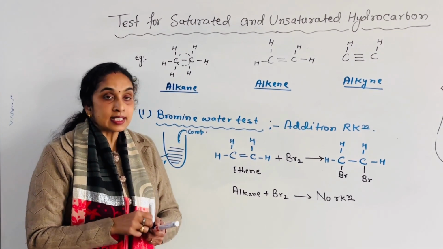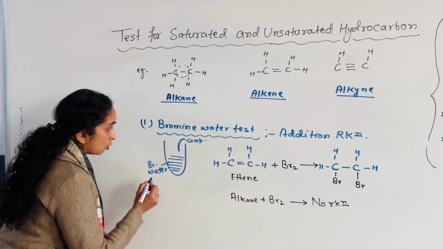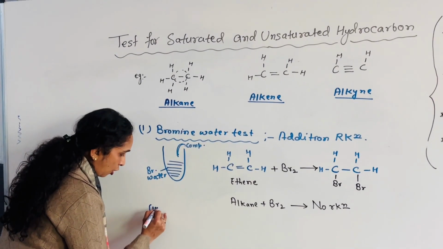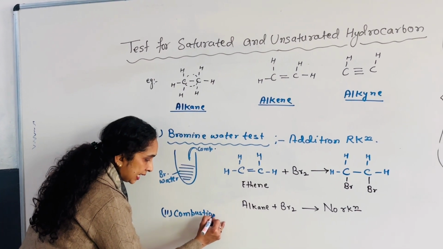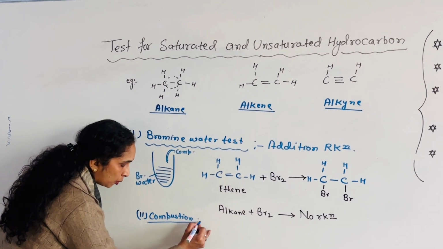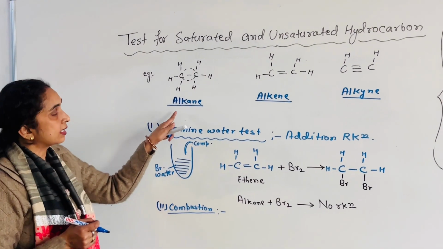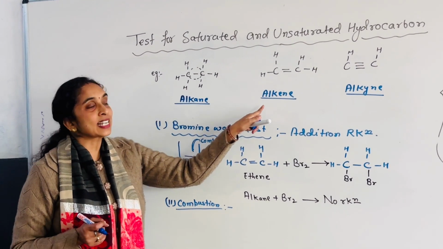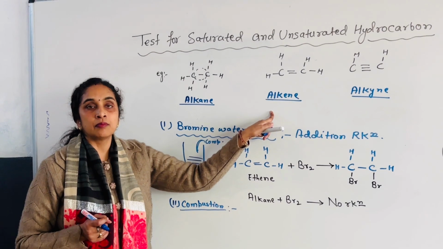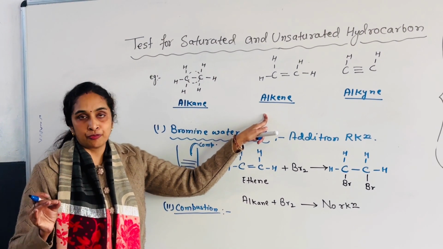Okay, the second reaction we can take is combustion. In a combustion reaction, we know that alkane burns with a blue flame, but unsaturated hydrocarbon burns with a yellow flame.